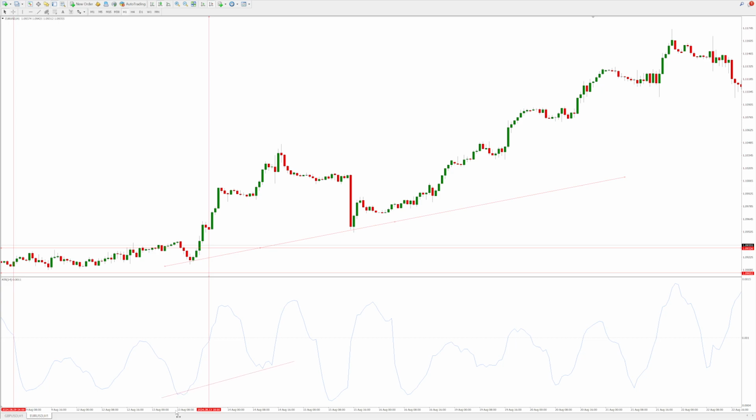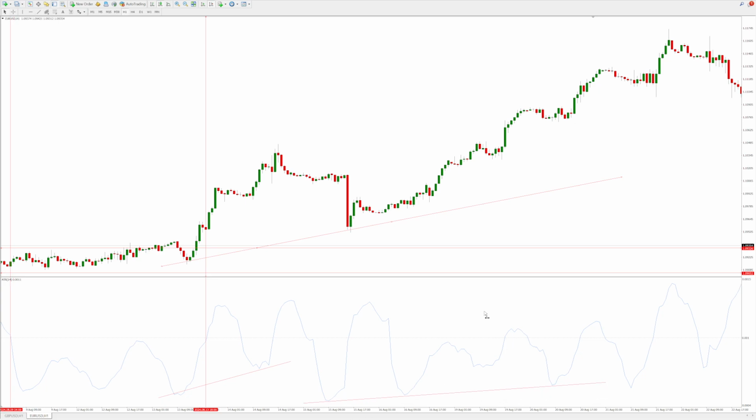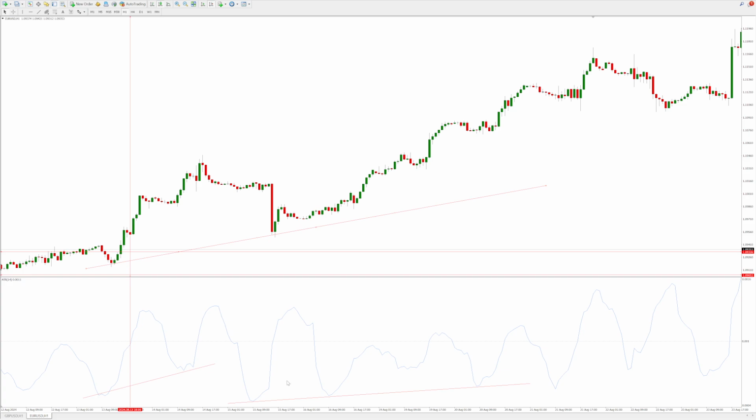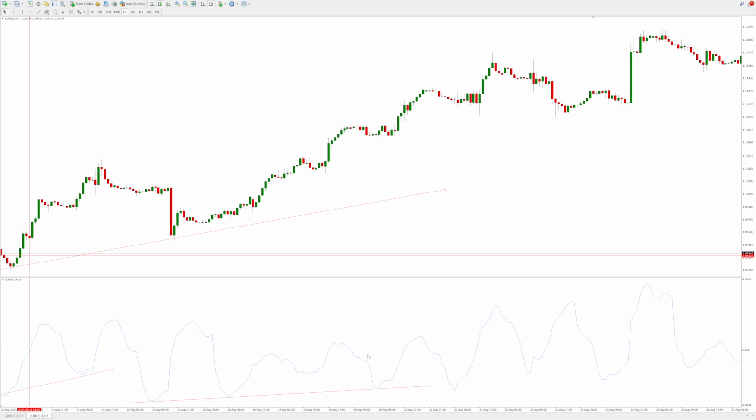Have your divergence to the upside there. You can see that the volatility is increasing. As I said, you don't necessarily need to use the 0.01 level. You can still see good movements below, as we've got here.